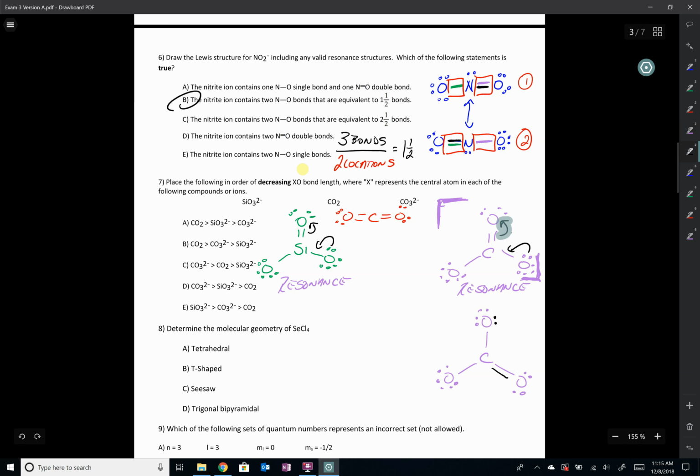At the end of the day, just to clean this up a little bit, we go through and do our analysis again. We have 4 bonds over 3 locations, so here we have 1 1/3 bonds.